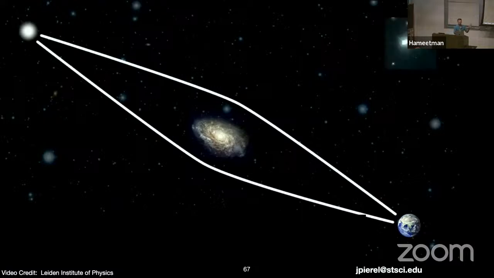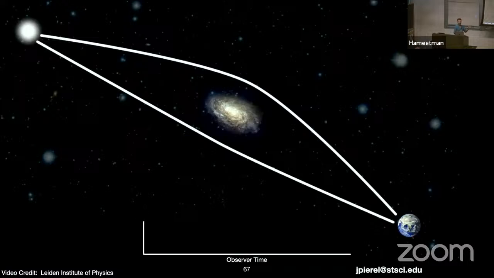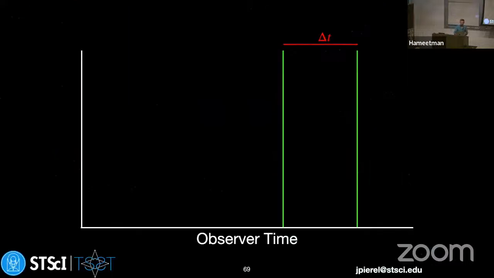And in this case, from our perspective, we see 2 images of the same source in the background being split around this. When there are differences in those paths, whether geometric or differences in the gravitational potential, if the background source is variable, then you would see the arrival of that source at different times. That difference in arrival time we call delta t, or the time delay.